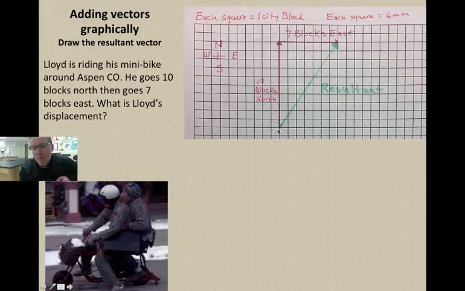Let me say that again: the tail of the first to the tip of the last. This will represent our resultant vector. The length of this is going to represent the magnitude, and the direction that the arrow is pointing is going to be the direction of our resultant.